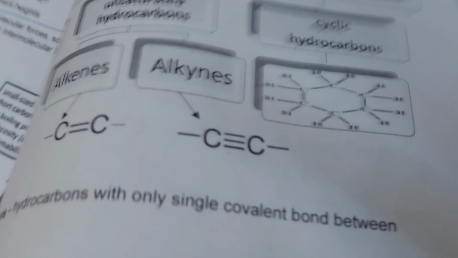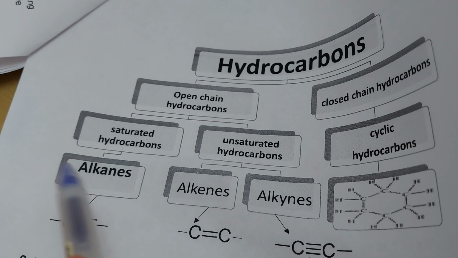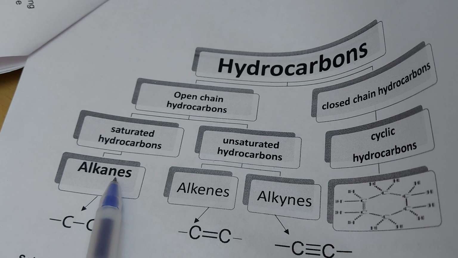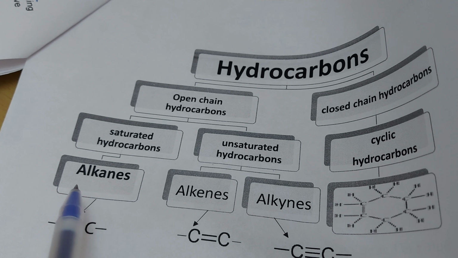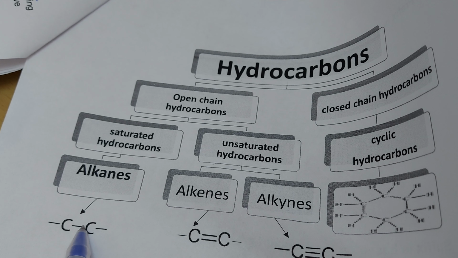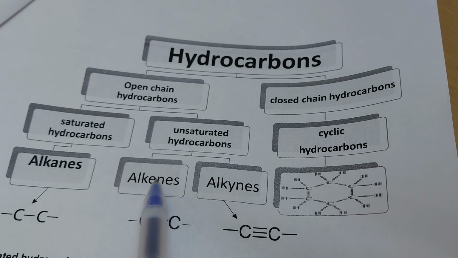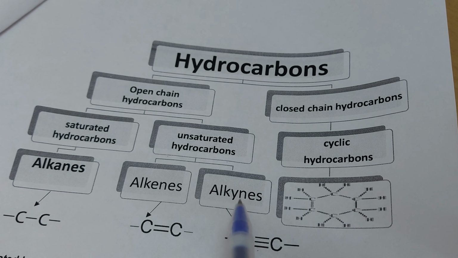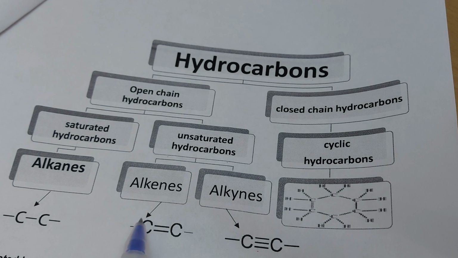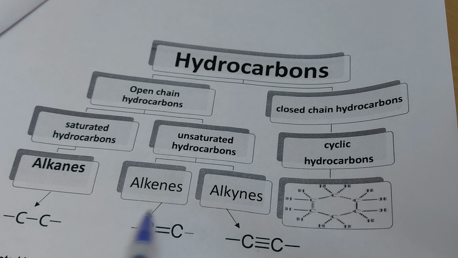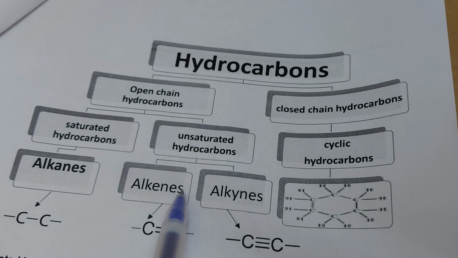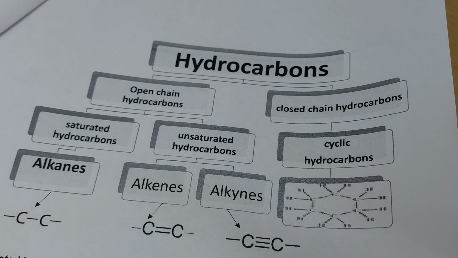So going back to our diagram, this makes alkanes a homologous series, because any compound in the homologous series of alkanes will have only a single covalent bond between the carbons. The same thing happens with alkenes and alkynes. Alkenes have a double covalent bond between the carbons, so any compound that has that functional group is in the homologous series of alkenes, and so on.